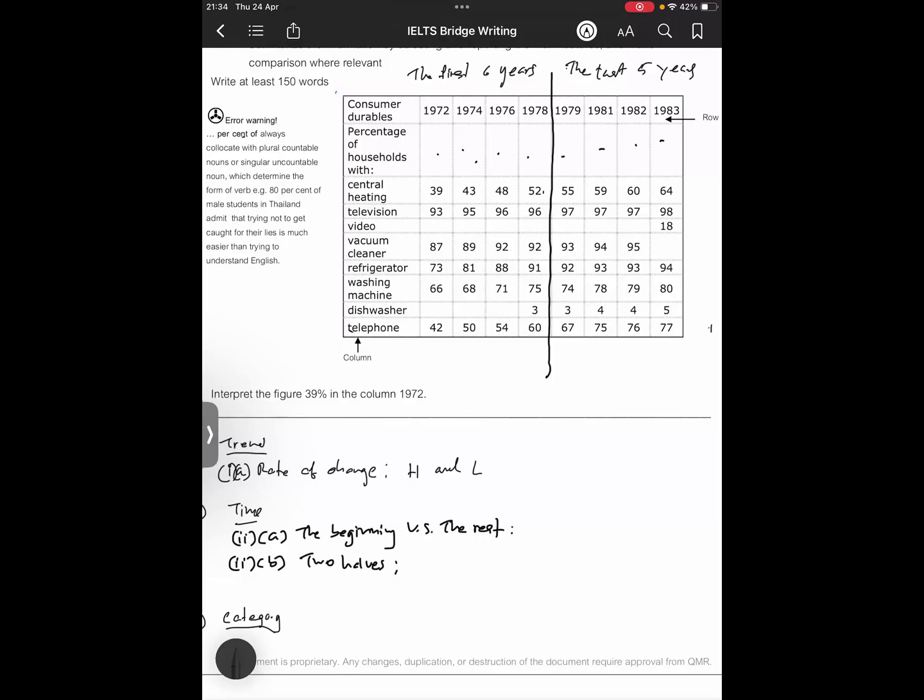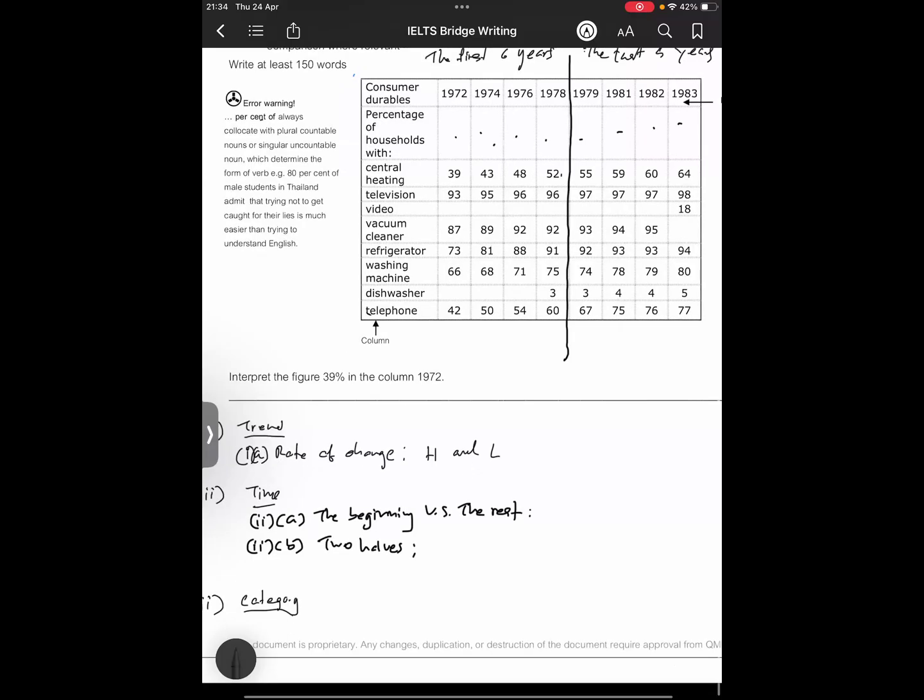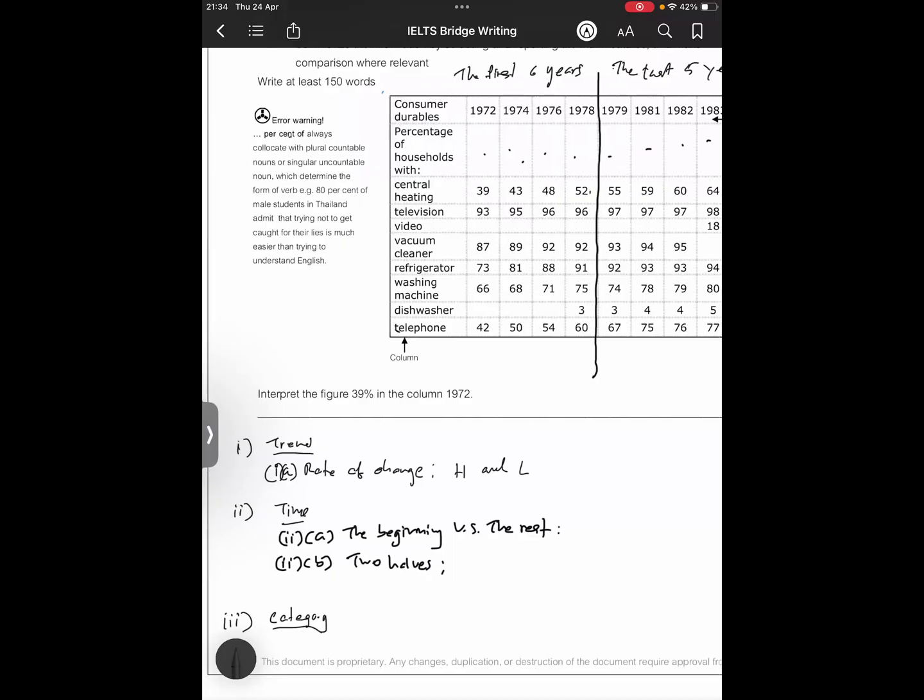But from 1978 to 1983, it has been known that dishwasher had come into existence, and the percentage of the user just went up, although at a very gradual pace. We can still see an upward movement here. Okay, so that's something we can talk about as well. All right, so that's 2/2.